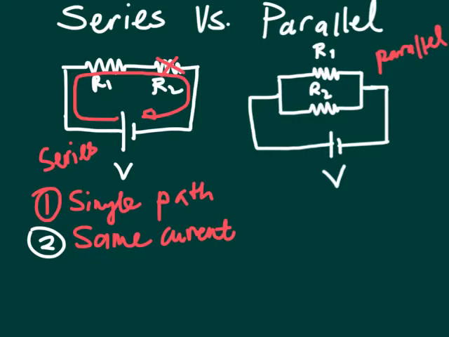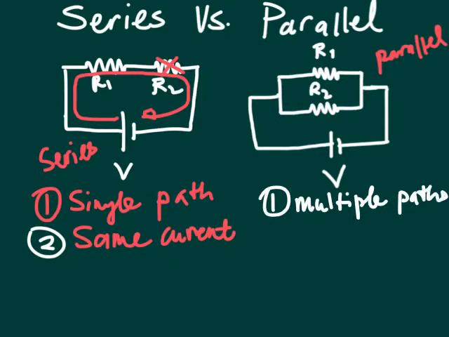So the first characteristic of a parallel connection is multiple conducting paths. So I'll just write multiple paths, but that means multiple conducting paths. That means charges in a parallel circuit have the choice of going through one path or the other.